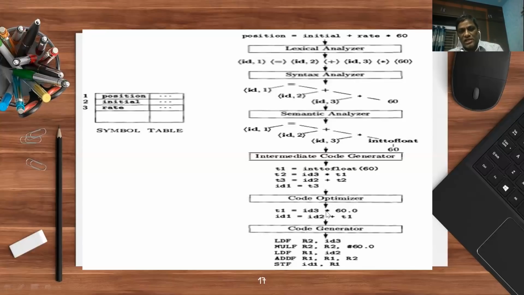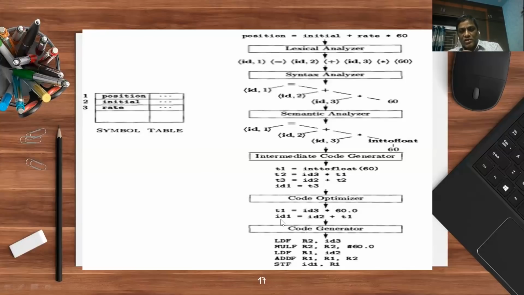Then it is multiplied with ID3. ID3 into 60 is done in a single step, which is copied to T1, and then this T1 is added to ID2, which is directly stored into ID1. So instead of writing 4 instructions, the same task is now done with 2 instructions. That is the job of the code optimizer.